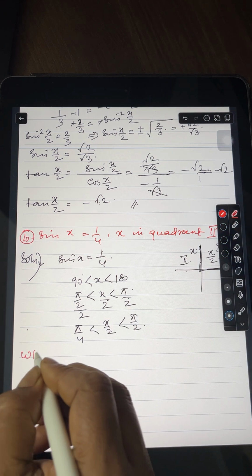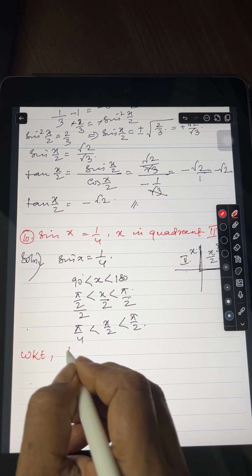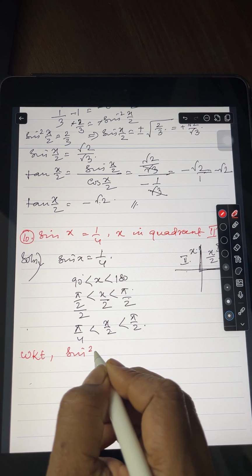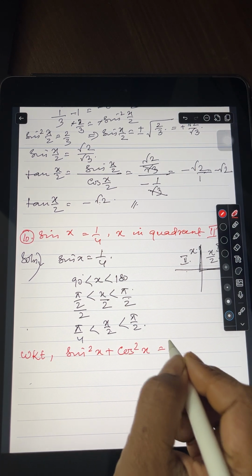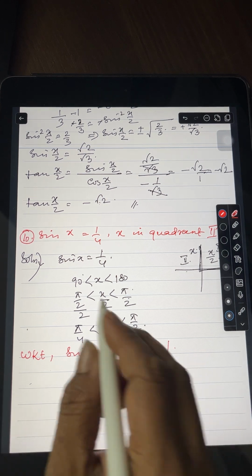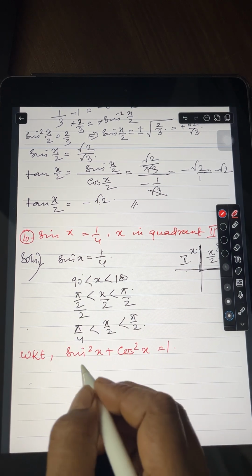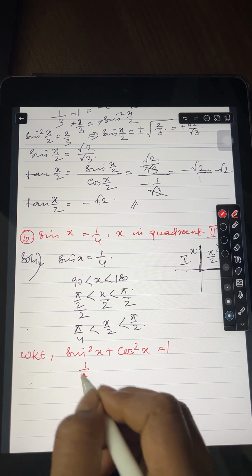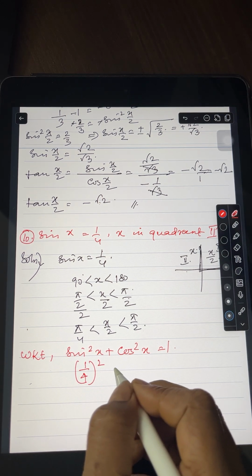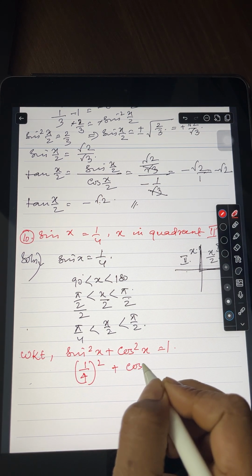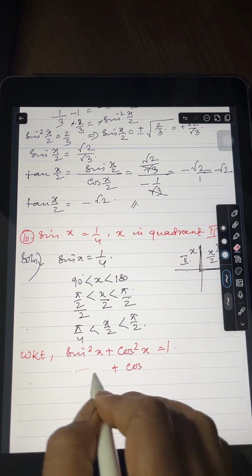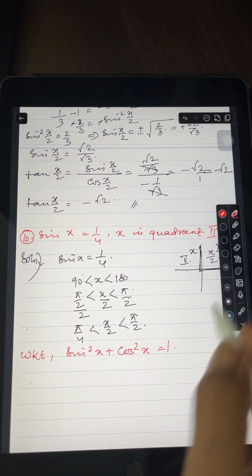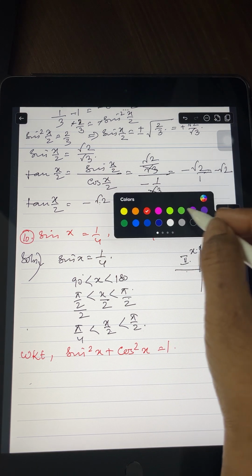We know that sin square x plus cos square x is equal to 1. Oh, I have not changed the color. This is the solution you're doing, no? So you'll have to change the color.